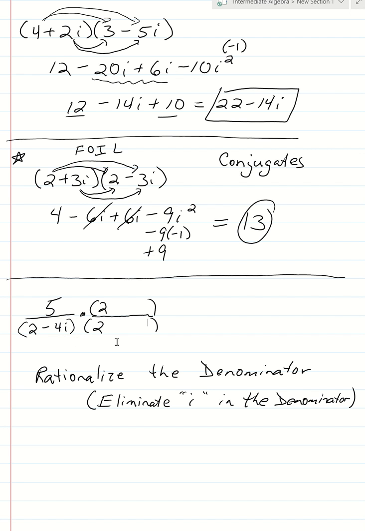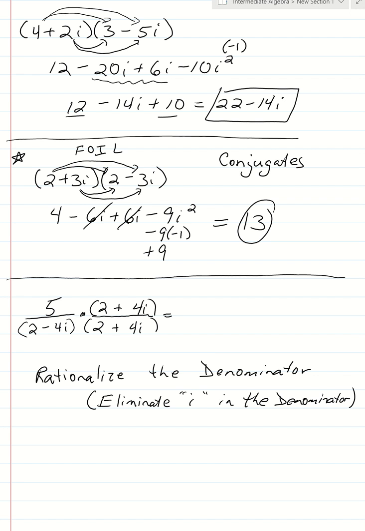The last term also has to be the same. The only thing that we change for the conjugate number is we change the sign that separates the two. And since here in the original problem we had 2 minus 4i, that means the conjugate will have to take the form of 2 plus 4i. That's the form of 1 we're going to have to use.